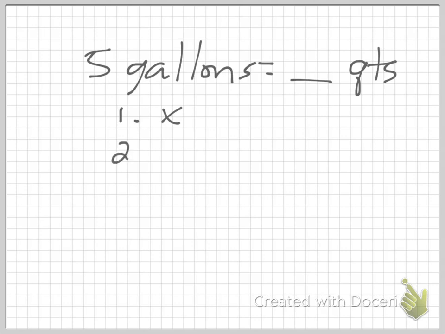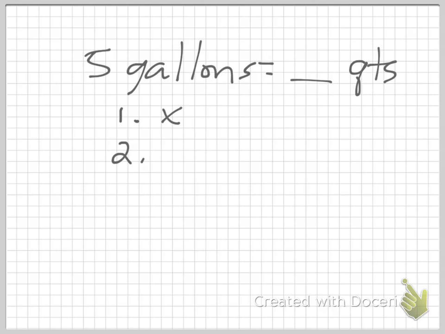The next step is to decide what is the relationship between gallons and quarts. In other words, you have to know how many quarts there are in a gallon. If you don't know that, then you can't do this assignment. If you don't have it memorized, which you all should, then you can go back and look at the previous lesson.